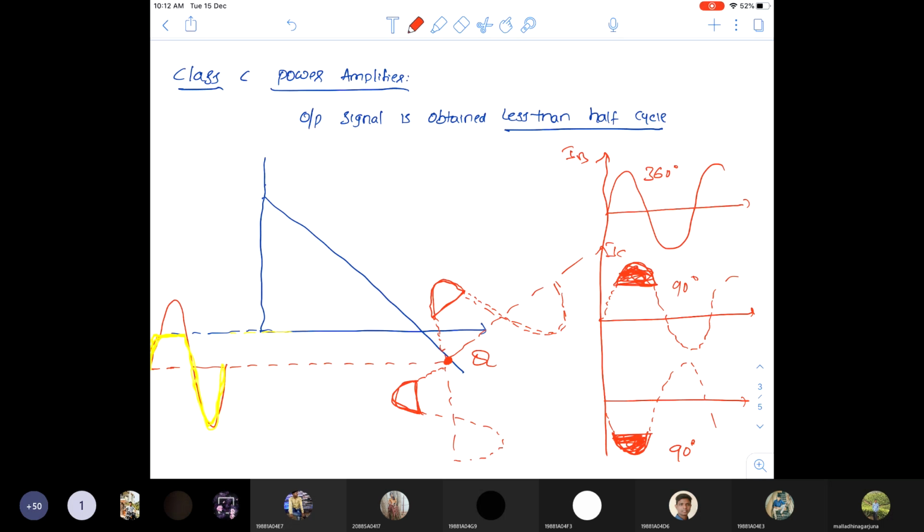So the power amplifier is said to be class C power amplifier if the Q point and the input signals are selected such that the output signal is obtained for less than half cycle for a full cycle input. For this, the Q point is below the x-axis.